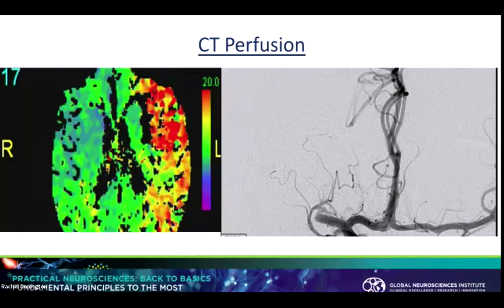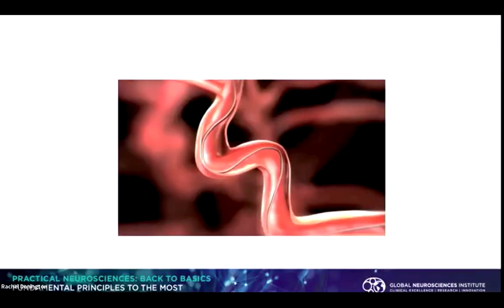And on the angiogram on the right, you can see that blockage, that stump right there, is where the clot is. This is a video that a lot of people have seen, where you can see a wire going up to a vessel and sucking out a clot. We start in the groin, and we go up.